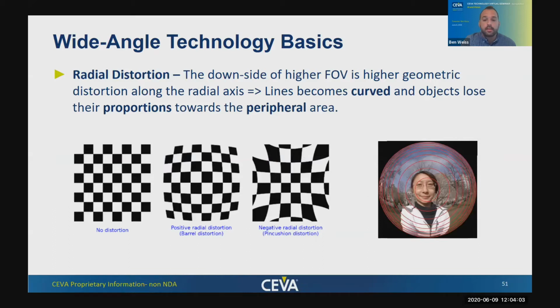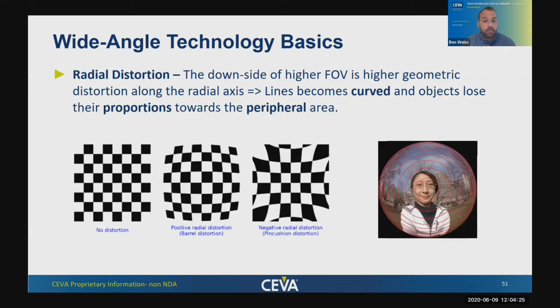One of the side effects of integrating a wide-angle camera in a device is the radial distortion. The radial distortion makes the lines in the real world appear as curves in the image domain, and objects lose their proportion as we move from the center of the lens to the edges.